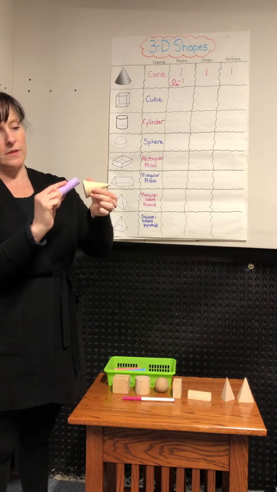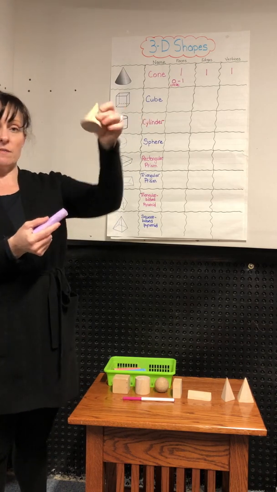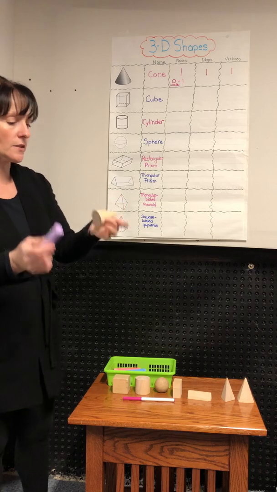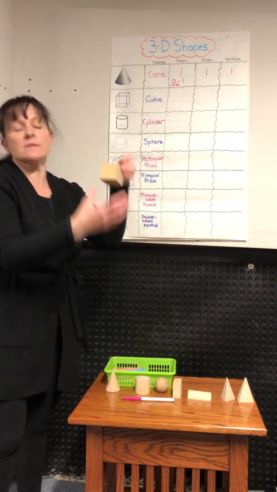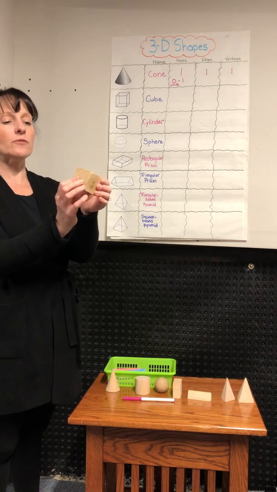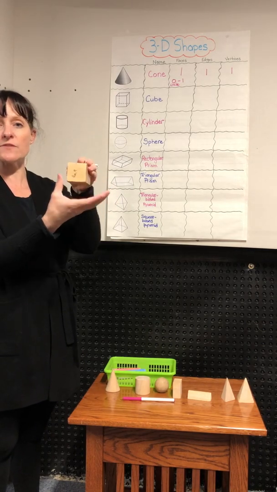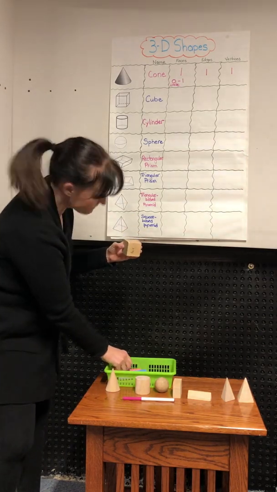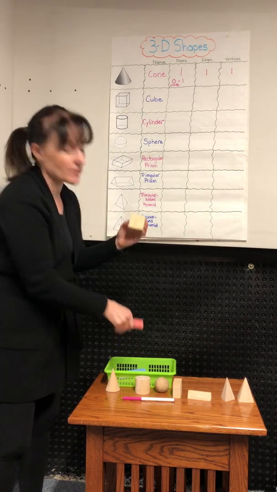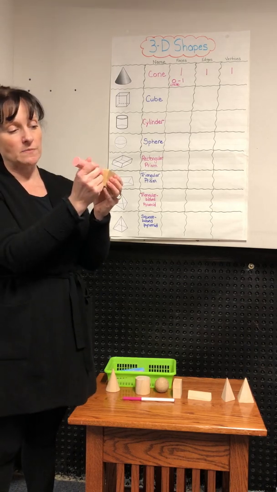Now on a cone, it's not so bad, but when we get to something like a cube, having the colors of our chalk really helps. So our next shape is a cube. So if we look at our cube, we see lots of these flat faces. Now when we're trying to count them, that makes it a little bit tricky. So we like to hold on and we like to make a little mark.